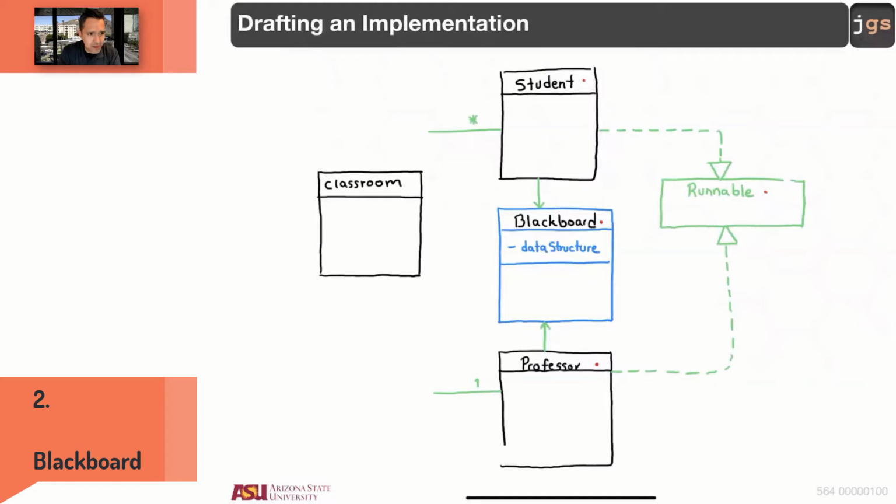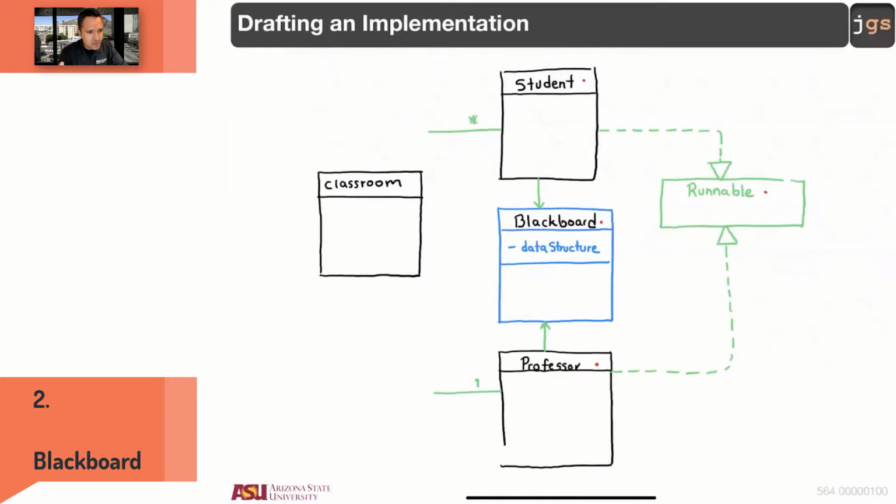Implement Runnable or extend Thread, your 2 options. So I use, randomly, a diagram from a previous class. I decided to use Runnable. Again, no particular reason, 2 options. I choose the second one, Runnable.